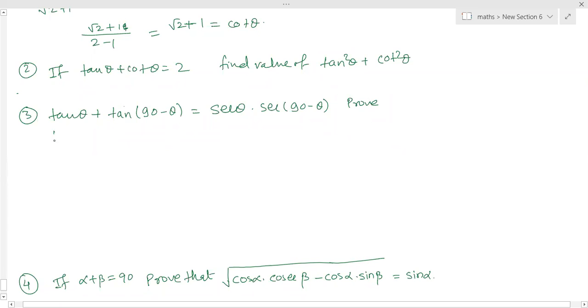Ma'am, tan theta plus cot theta is equal to sec theta into cosec theta. So how to solve? Sine theta by cos theta plus cos theta by sine theta equals sec theta cosec theta.